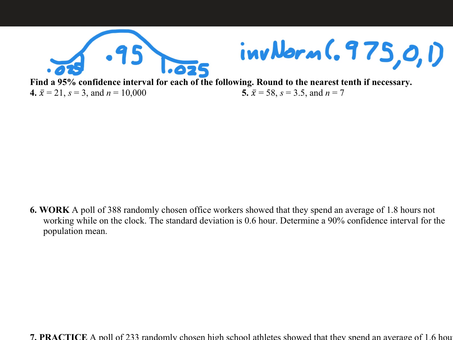All right, so as we've been doing, we start at the mean, we go up and down, and now we're going up and down 1.96 standard deviations. If we want to go 1.96 standard deviations, then we have to multiply 1.96 by the standard deviation divided by radical n.